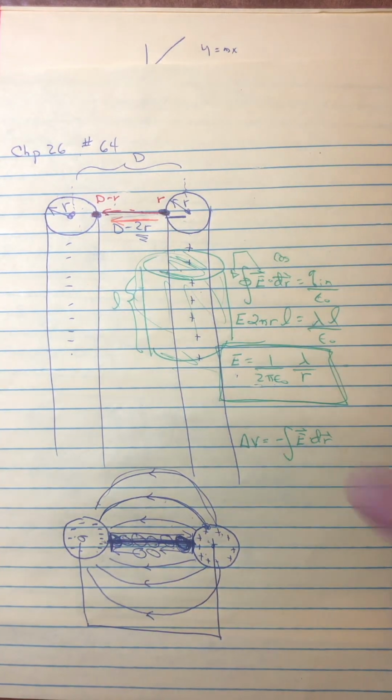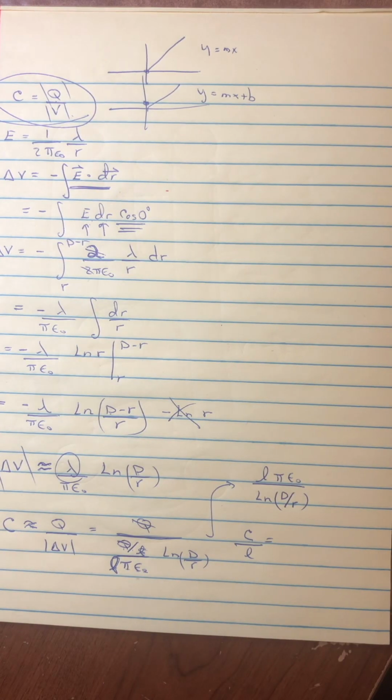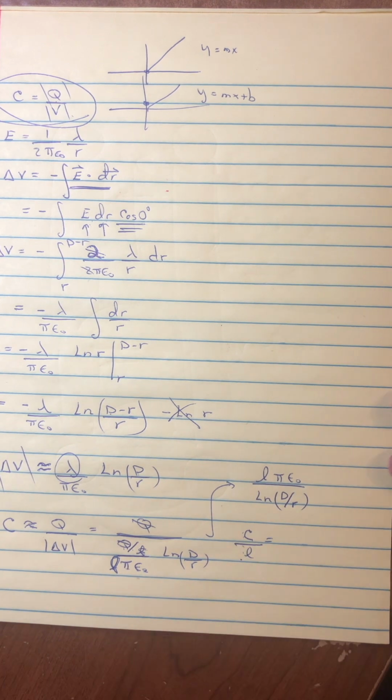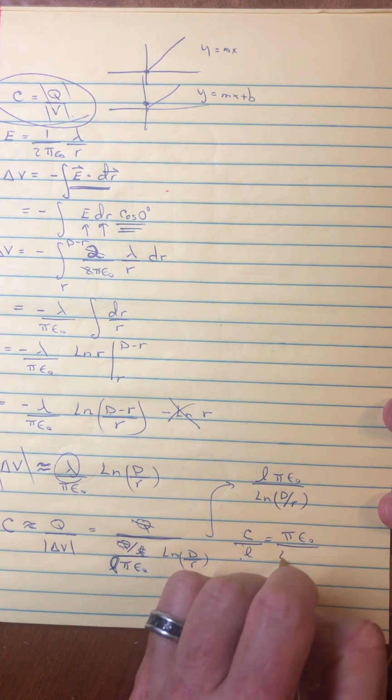So you're going to want to know what the capacitance is per meter as you buy your electronics. And so that's how it would be labeled, as capacitance per meter.